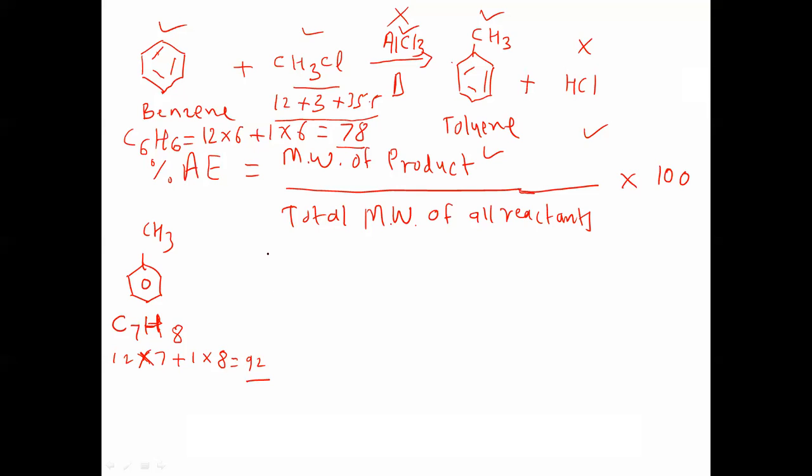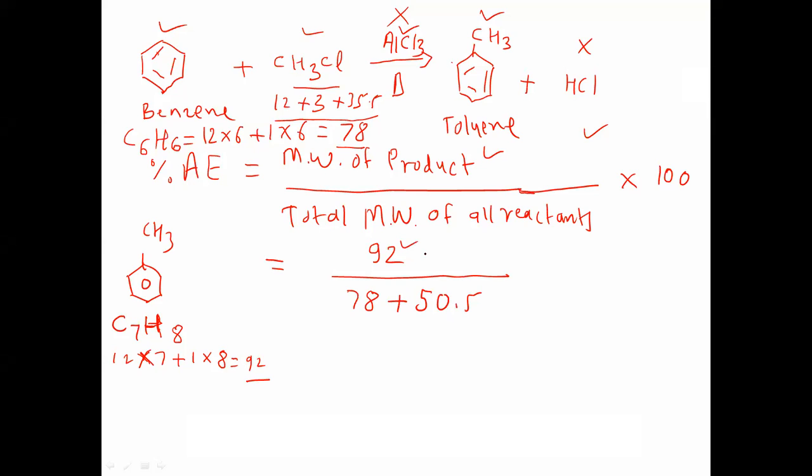Just substitute in the formula. Product is 92 molecular weight, upon molecular weight of reactants. So benzene is 78 plus methyl chloride, which becomes 12 plus 3 plus 35.5, so it becomes 50.5.